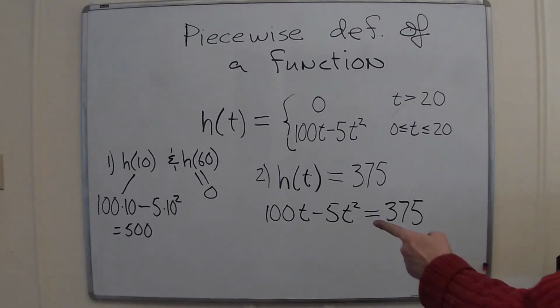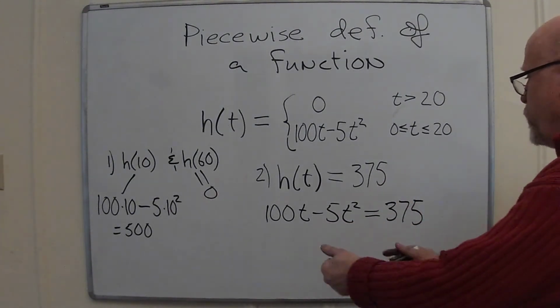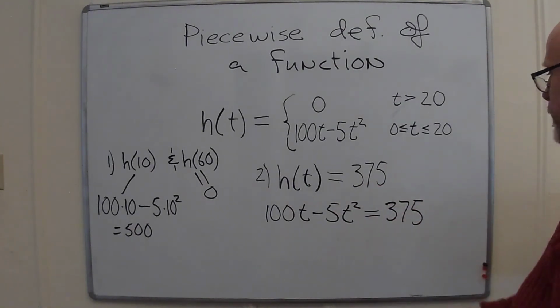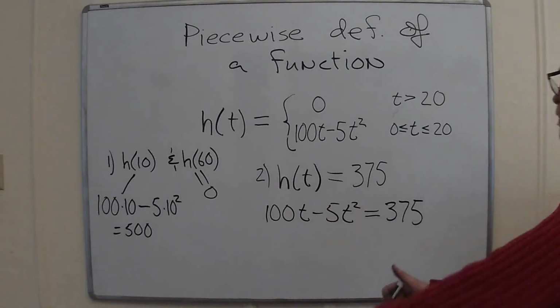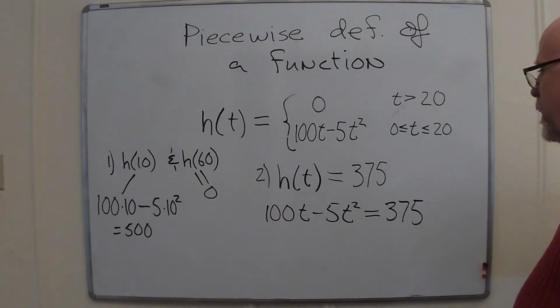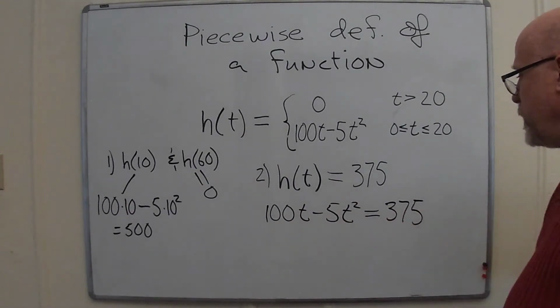I think, though, what I want to do, and this is the standard procedure by the way, is push everything to one side of the equation. I don't like the minus sign on my t squared, so I'm going to move things to the right. That is, I'll add 5t squared to both sides, and then I'll subtract 100t.